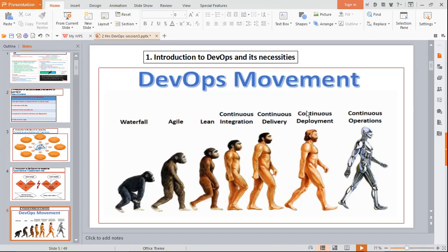Continuous deployments are done for build deployment in production. Then continuous operations are executed by the production team. So this is the overall movement for DevOps. We can consider it at a high level through the picture, and we'll see the next slide.